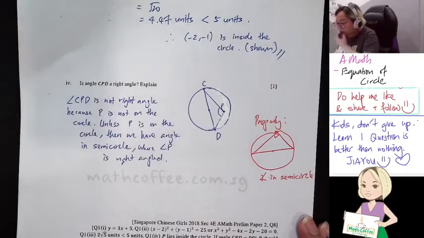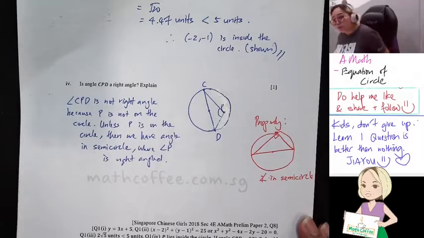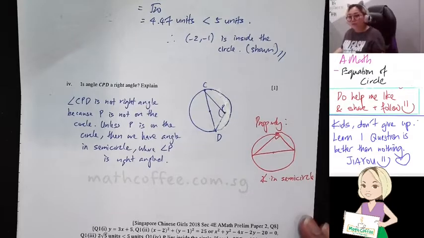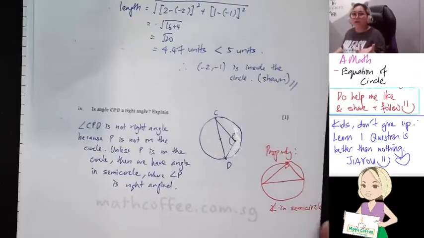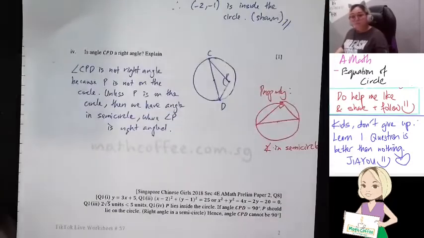For example, my student finished almost all the syllabus except properties of circle. So maybe your teacher hasn't taught you AMath properties of circle, because it's the last topic. But AMath already learned equation of circle long time ago. They are related, because it's still circles, so you need to know properties of circle.